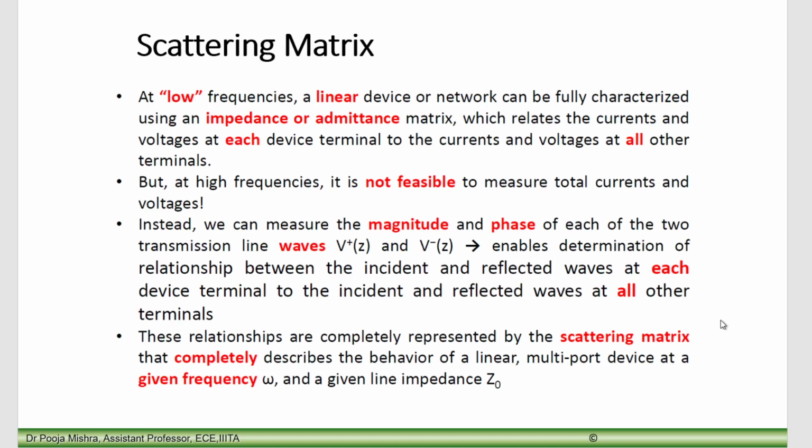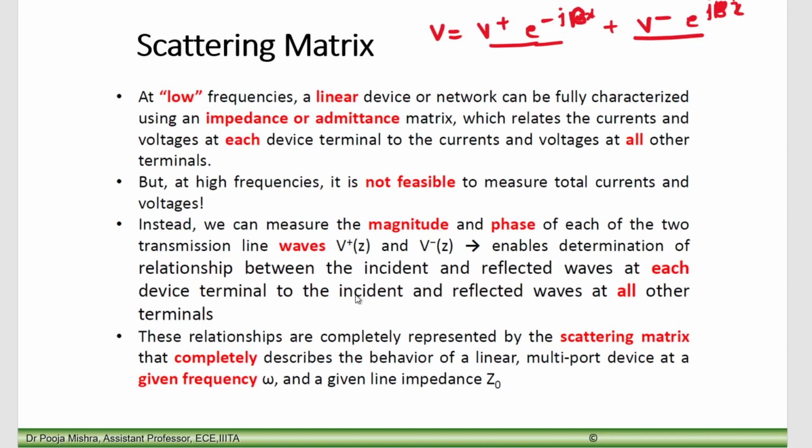What we do here, as we know, is that the total voltage is the combination of the incident wave, exponential minus j beta z, and the reflected wave, exponential plus j beta z. So this is the combination of the incident wave and the reflected wave.